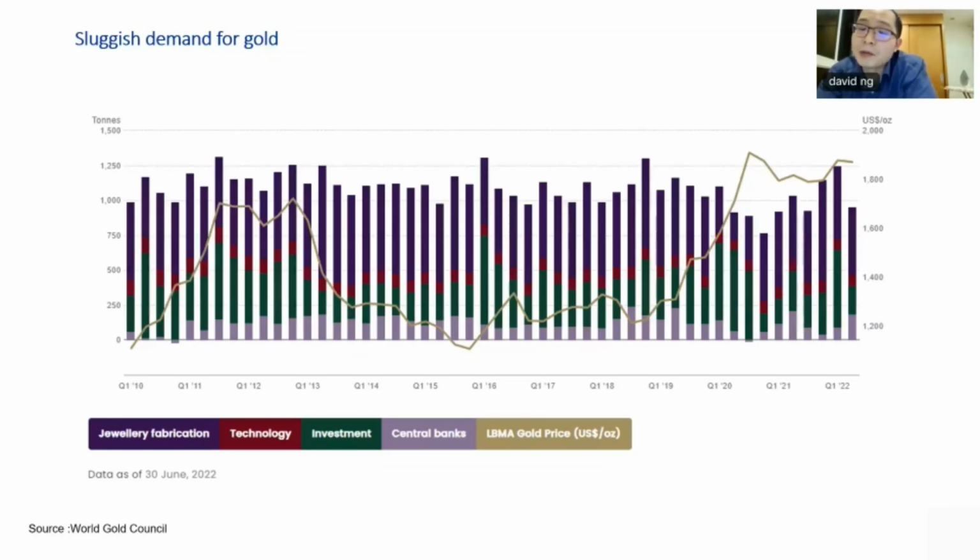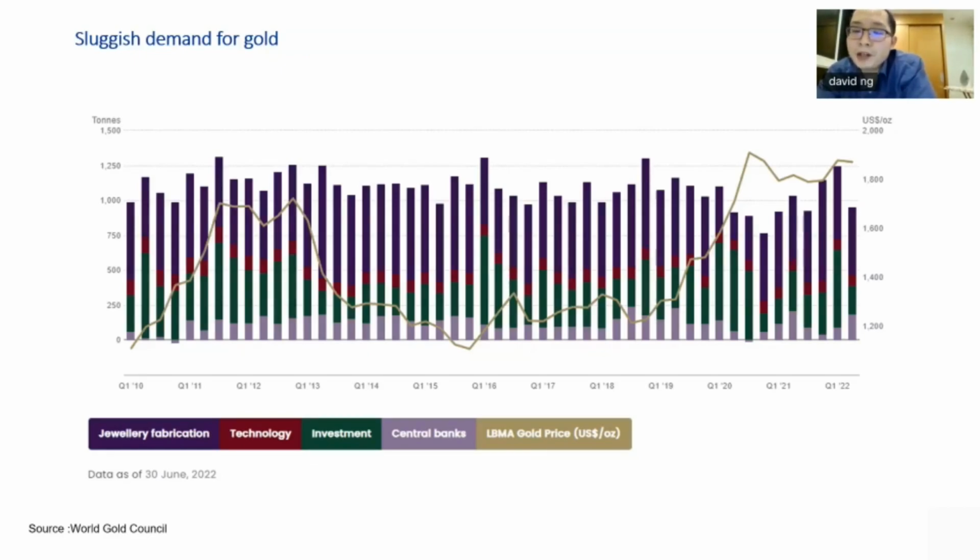In fact, they will sell their gold and park it in a higher interest rate yielding asset, probably like your FD or other instruments. That's what we are seeing right now: a lot of major central banks around the world are hiking interest rates higher. As a result, I think gold prices or gold demand is probably suffering because of that.